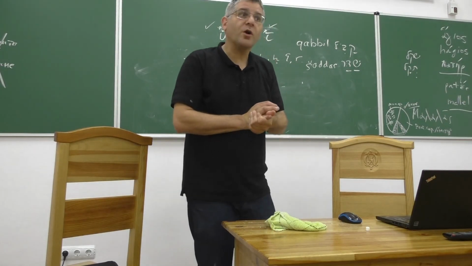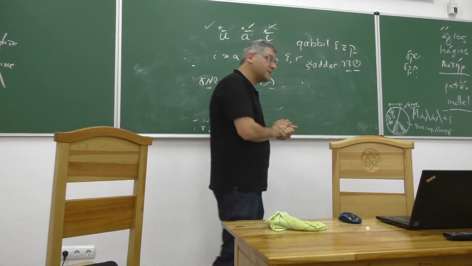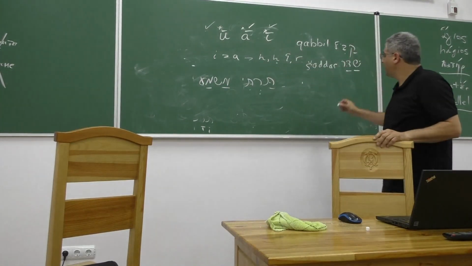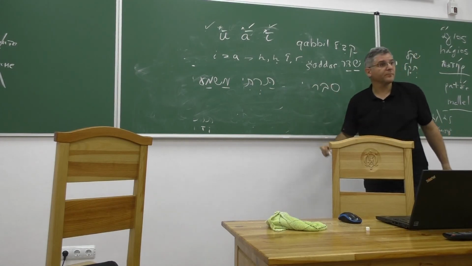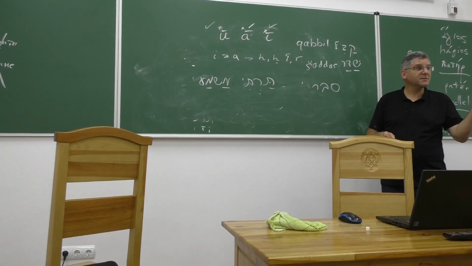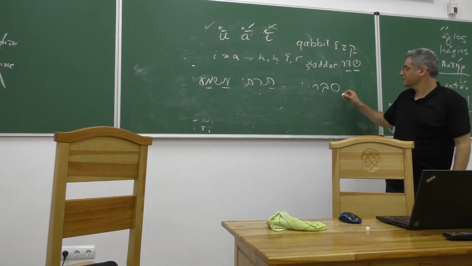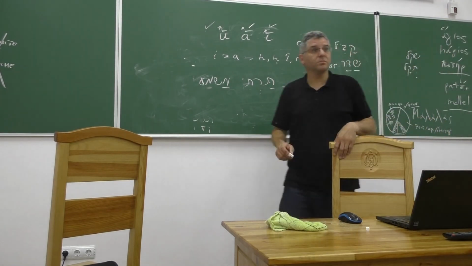Now, because of this problem, we sometimes have a problem with certain forms. So for example, if we have the spelling here, this spelling can be the past tense, savar, he thought, or he held the opinion, or he knew.